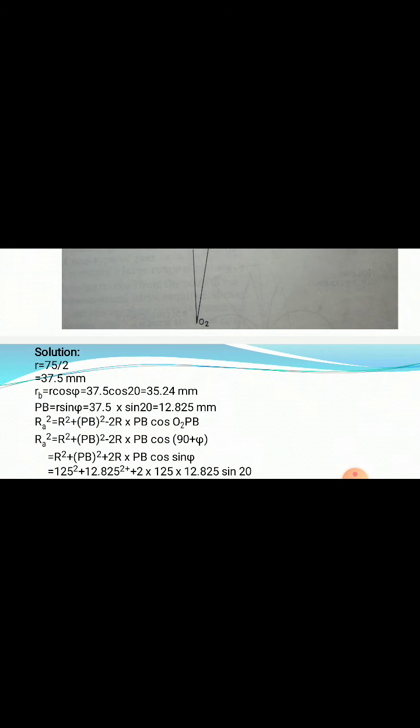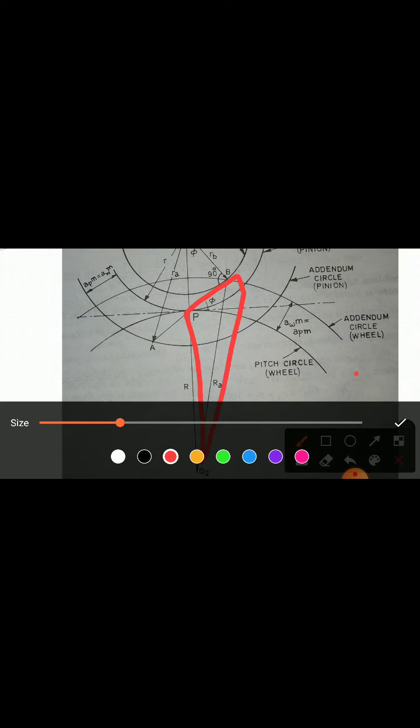Now PB is equal to, and RB we calculated here. To find out this RA value, we consider this triangle O2PB.